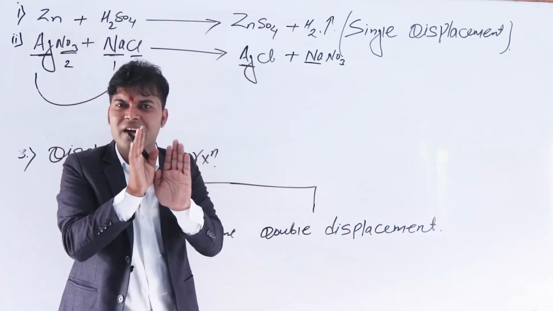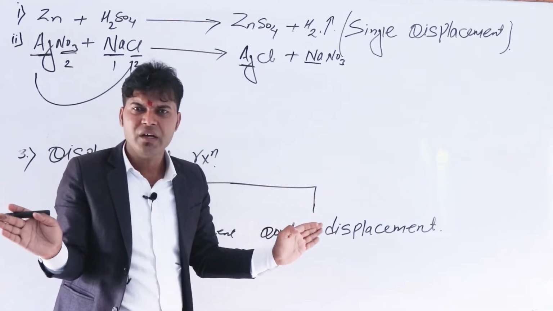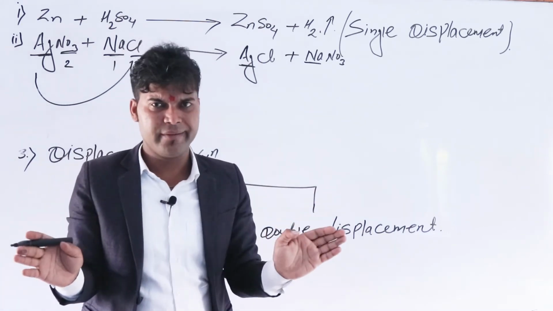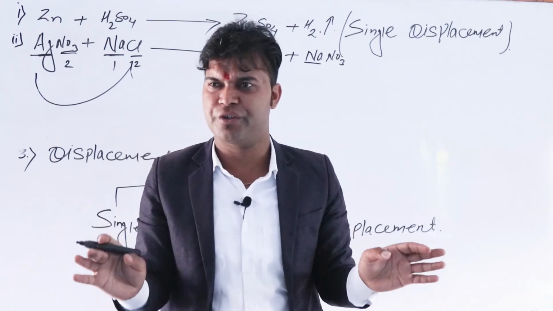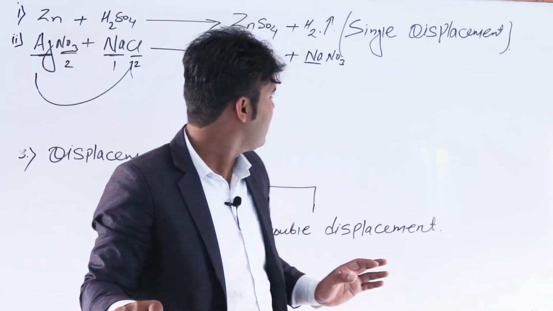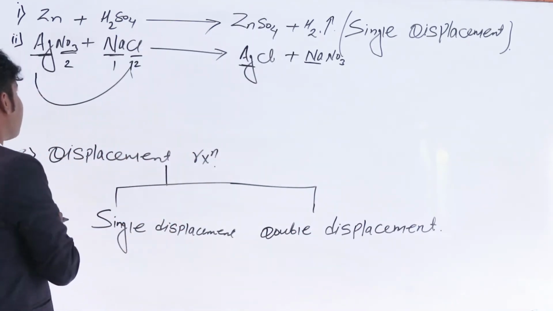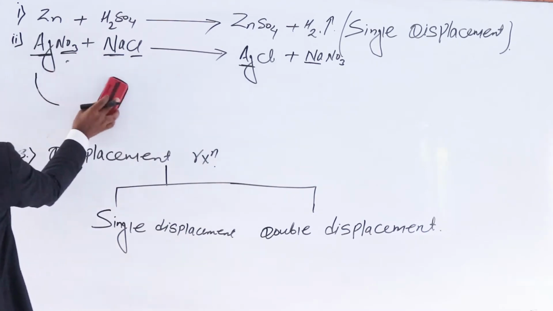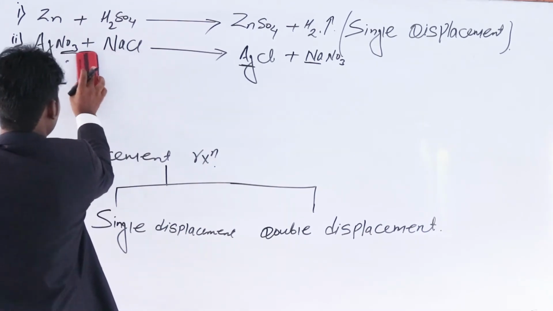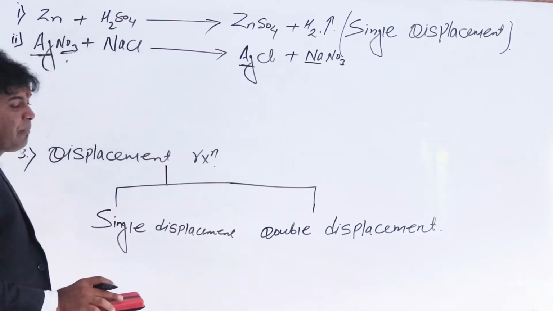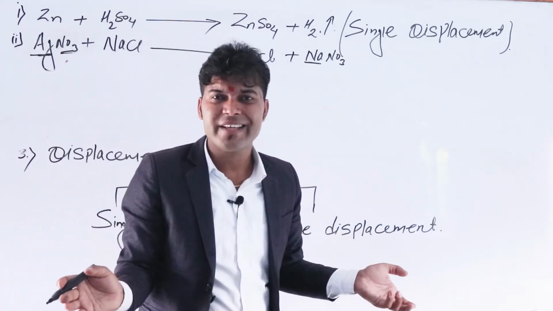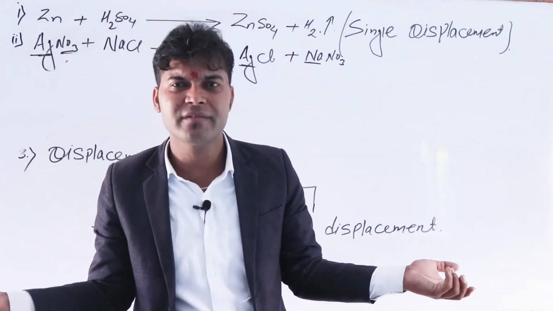I hope you are clear how to formulate the chemical equation. Okay, students, our second work is to balance this chemical equation. Balance means to make the number of atoms or molecules in the reactant and product equal.